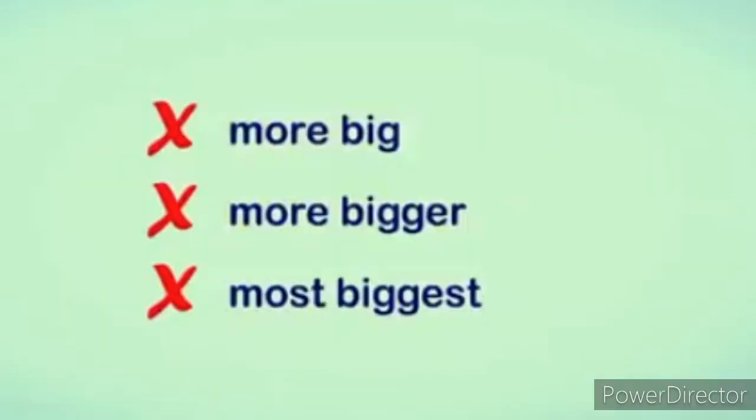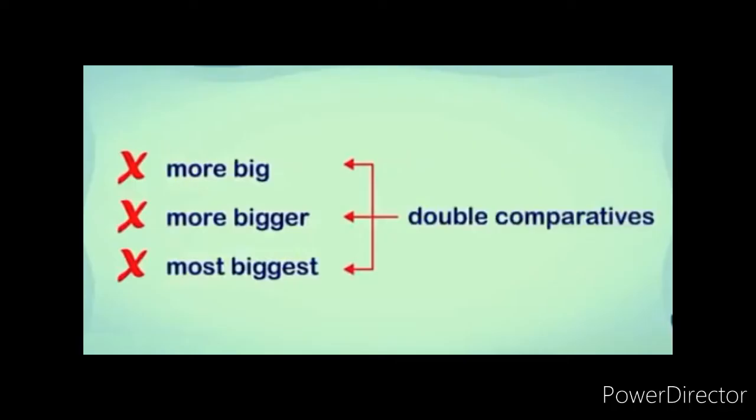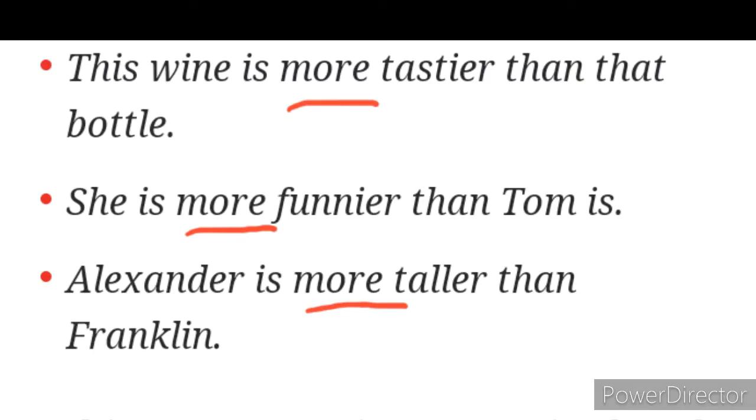We do not add more or most to adjectives that have already changed their form. The phrases more big, more bigger, and most biggest are all incorrect and are called double comparatives. See some examples. This wine is more tastier than that bottle. She is more funnier than Tom is.